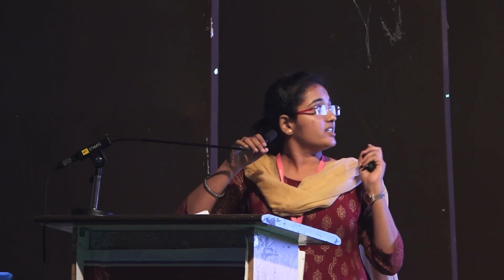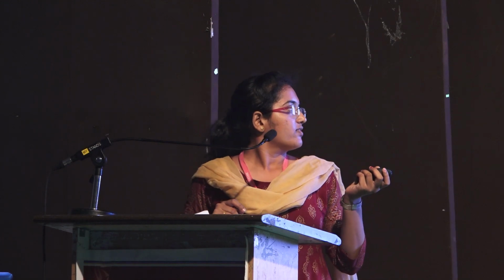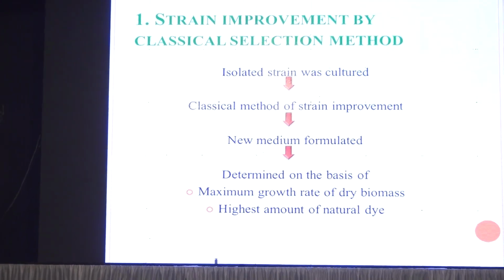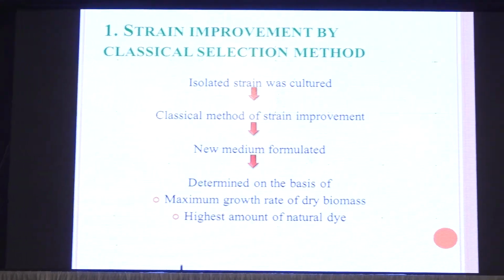These are the methods we use in this research. First, we collect the sample from Lonar Crater. First method is strain improvement by classical selection method. First, we isolate our strain. The isolated strain was cultured to obtain mass culture with a high amount of protein.